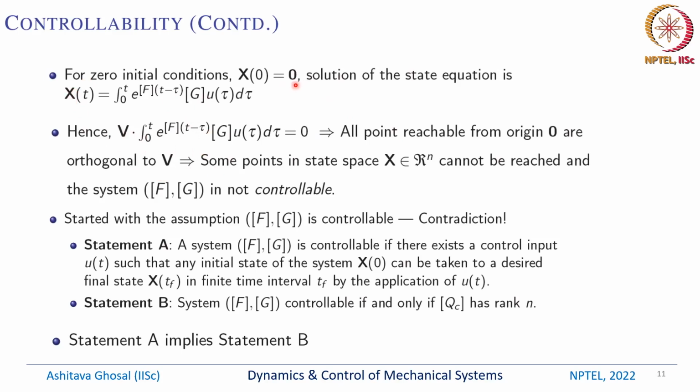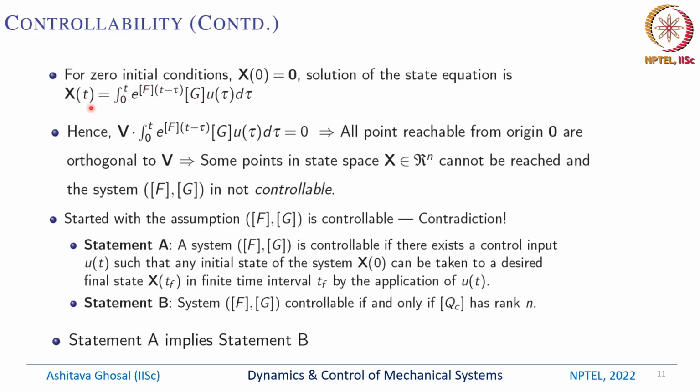Okay, so we start from x(0) as 0, then x(t) is the solution of the state equation, where the first term will go to 0 and we are left with only the integral from 0 to t of e to the power F(t minus tau) G u(tau) d tau. You can go back and see the solution x(t).